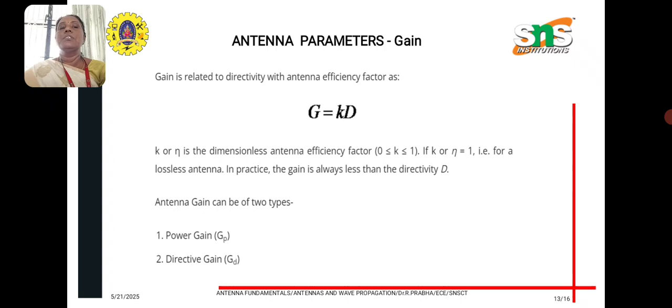It lies between 0 and 1, and if the value is equal to 1, it is a lossless antenna. The gain is always less than the directivity. There are two types of gains: one is the antenna power gain, given by GP, and the other is the antenna directive gain, given by GD.